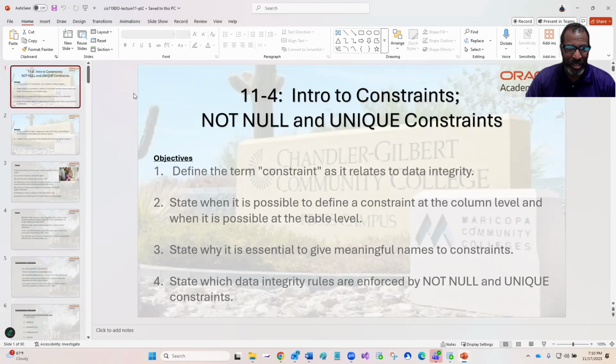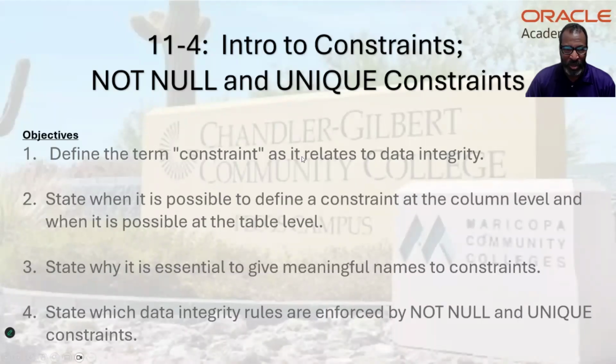In our next section, we're going to go into constraints. We talked about constraints a little bit, but these are special types of constraints. Many of these constraints are set by the DBA long before you even access the table. Basically, the constraints are used to ensure data integrity, big time.